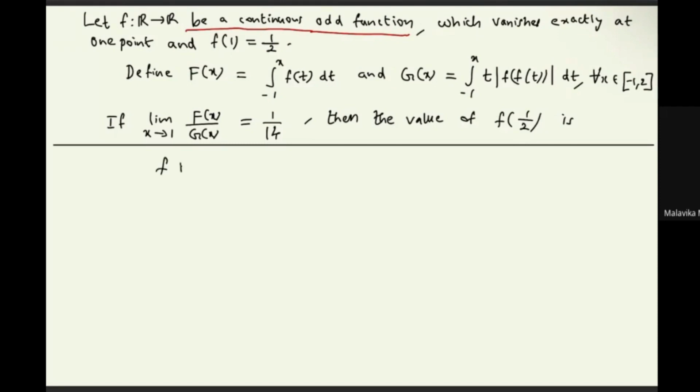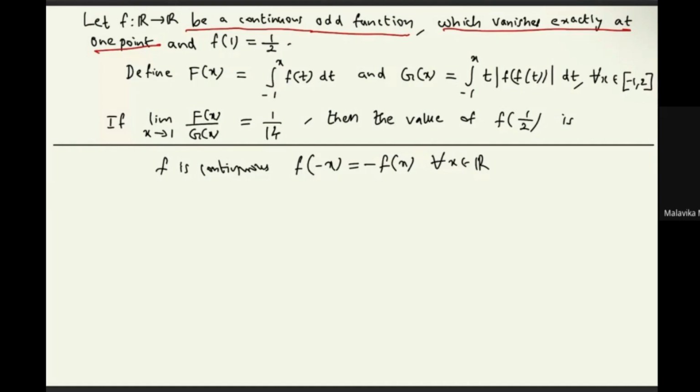So f is continuous. f is odd means f of minus x equals minus f of x. Another condition is that it vanishes exactly at one point. Means f of x is 0 only at one point.